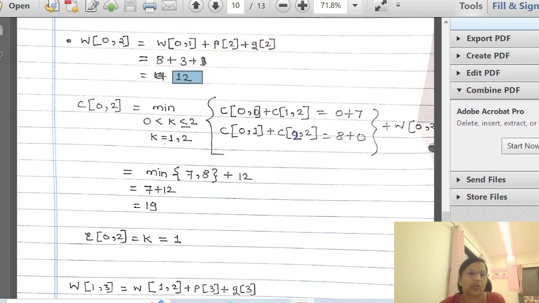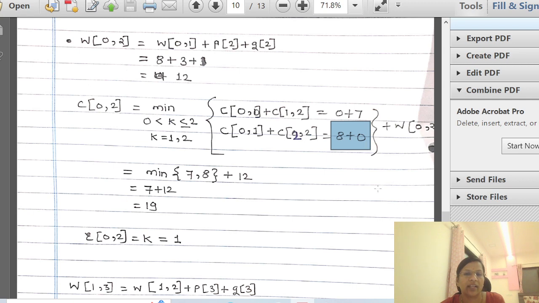And now coming to the cost. Here we can see that i value is 0 and j value is 2. So possible values of k would be 1 and 2, because k should be greater than i but less than or equal to j. So first of all we fill k equal to 1 in the given formula and find the cost is 7. But when I fill the value of k as 2, I am getting cost as 8.